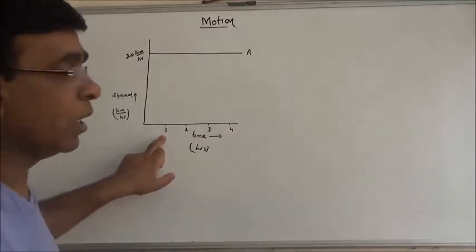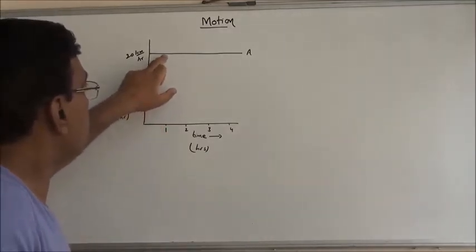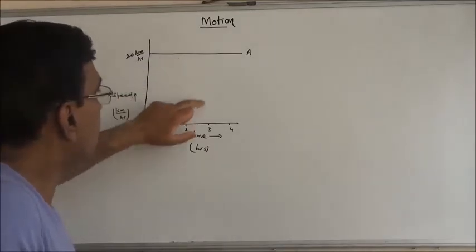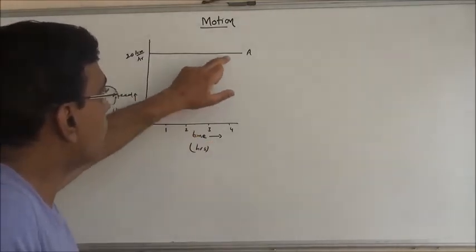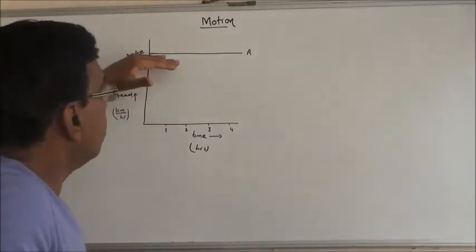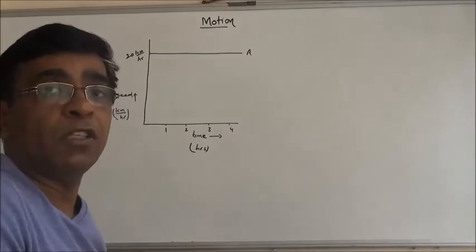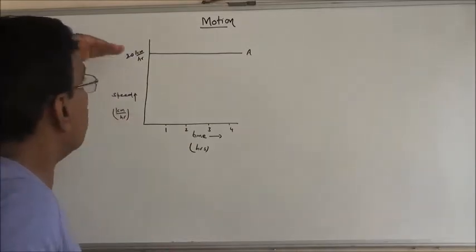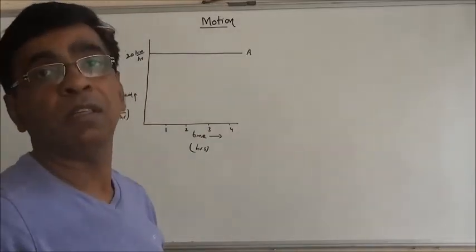At 1 hour the speed is 20, 2, 20, 3, again 20, 4, again 20. What does it mean? That the speed of the body is not changing. It is moving with constant speed.